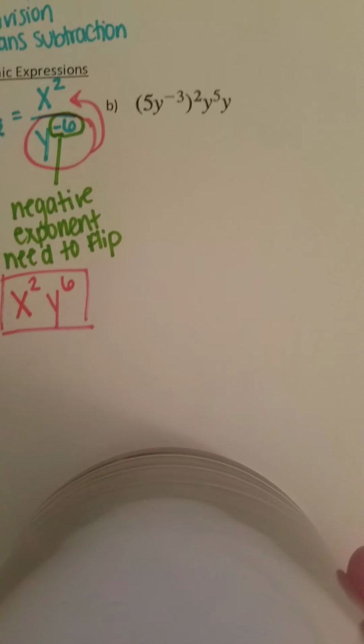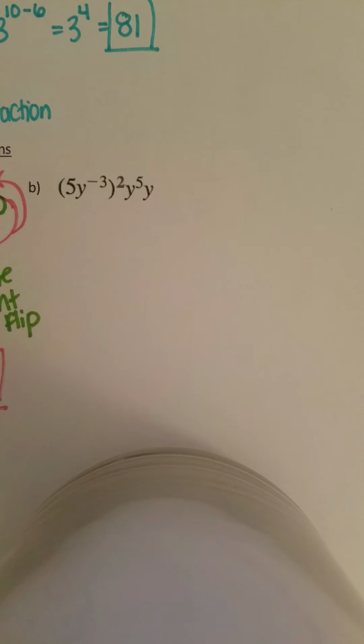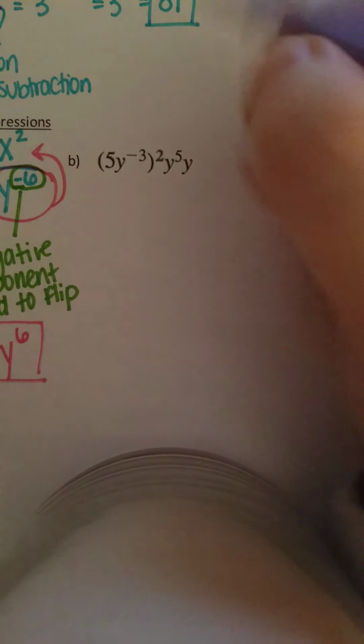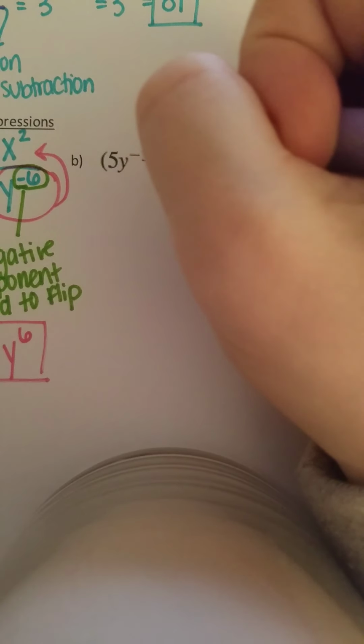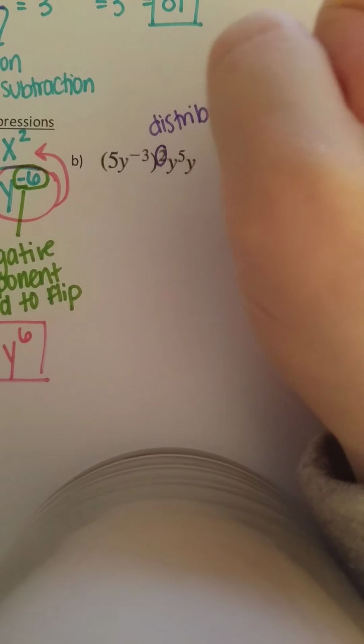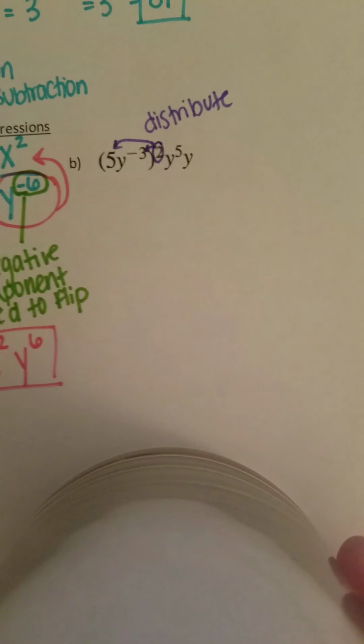Alrighty, one more problem right here. The first thing we have to start with is this 2 right here. So we have to distribute the 2 to both pieces.